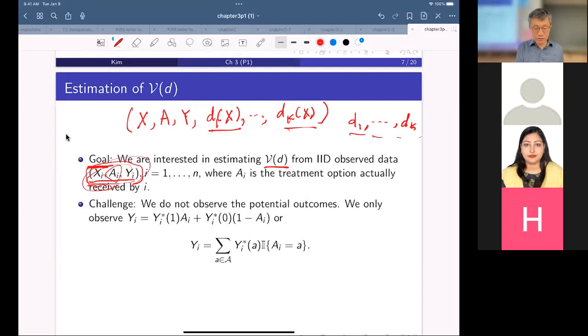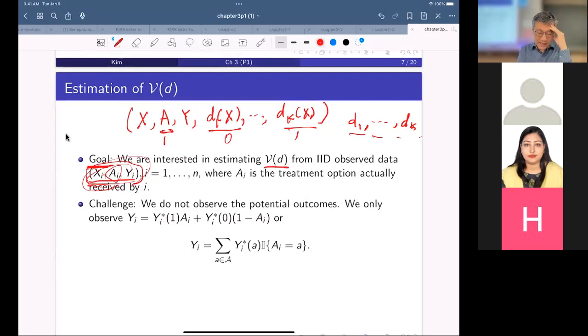Even if the realized A is 1 here, this could be 0, or this could be 1, right? So anything can happen.